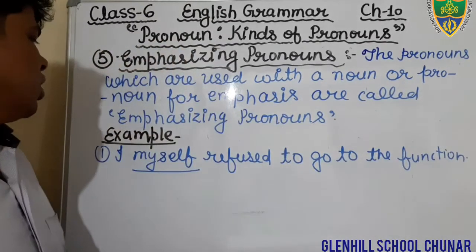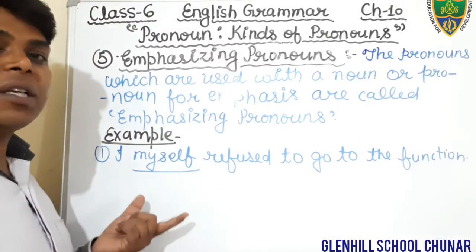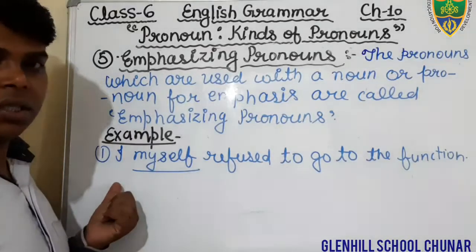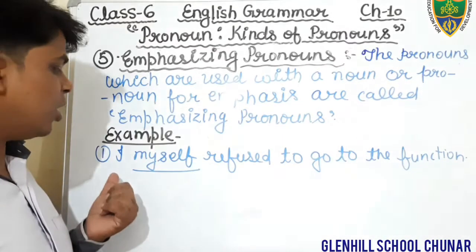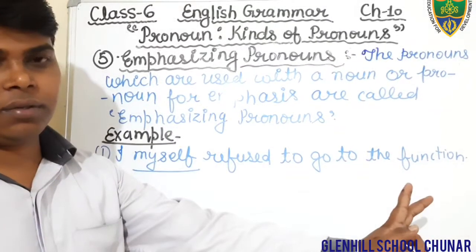In the first example, I is the subject, and just after it, for emphasizing the subject, we are using the emphasizing pronoun, I myself. Refuse means to decline. Just after the subject we get the emphasizing pronoun, and it also emphasizes the subject. I myself refuse to go to the function.